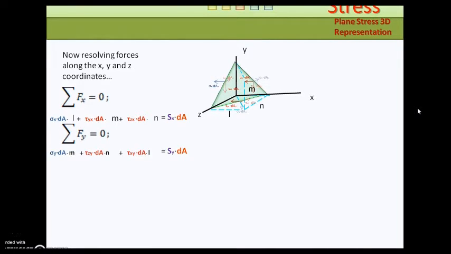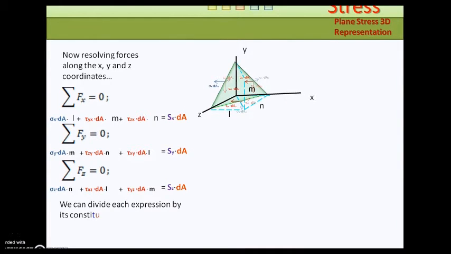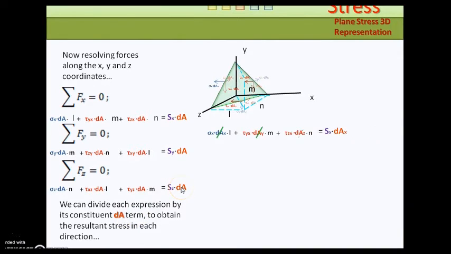So forces along the y-axis and the z-axis. And if we cancel out the delta A term here, we end up with the following set of equations here.